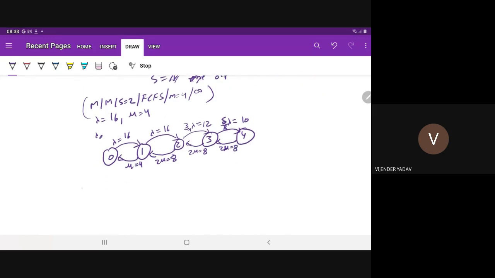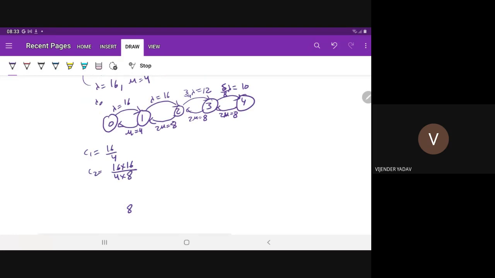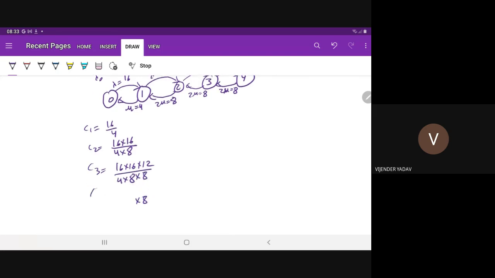So from this, C1 will come 16 upon 4, C2 will come 16 upon 16, 4 into 8, C3 will come 16 into 16, 12 upon 4 into 8 into 8, and C4 will come 16 into 16 into 12 into 10 upon 4 into 8 into 8 into 8.